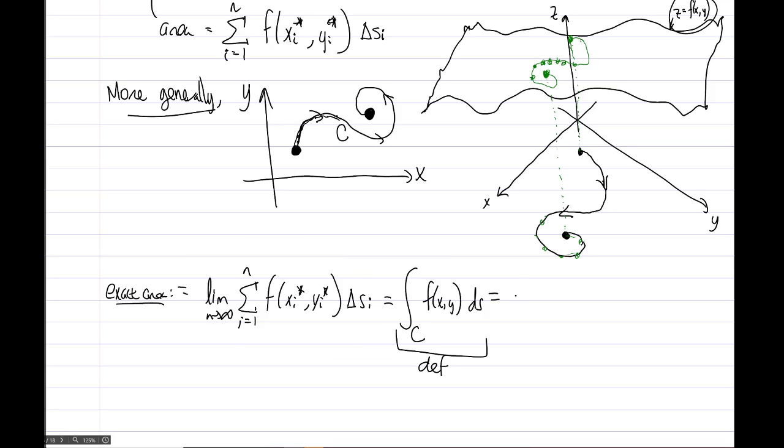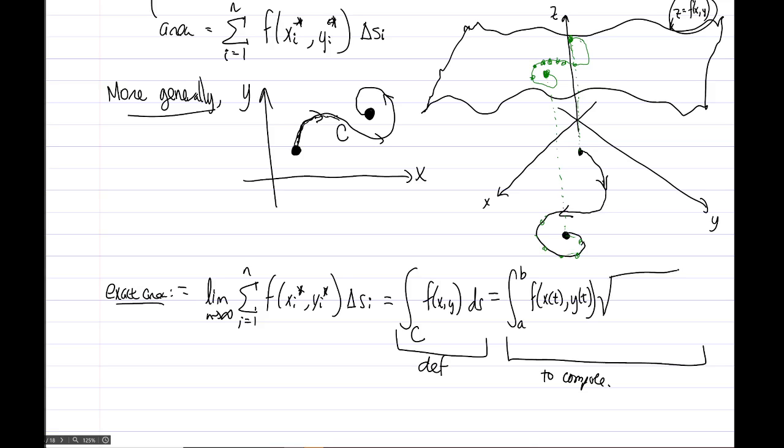But the way we're actually going to compute it is to do an integral from a to b of f of x of t comma y of t times the square root of dx over dt squared plus dy over dt squared, dt.